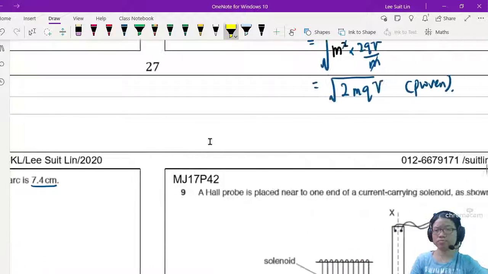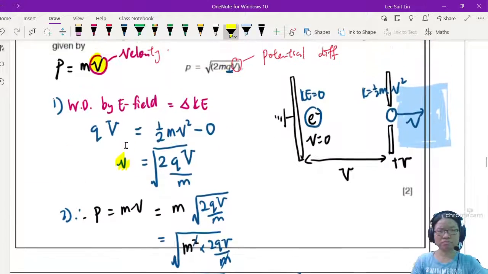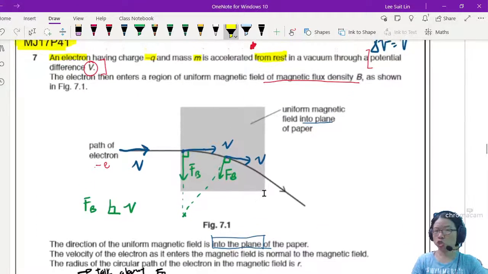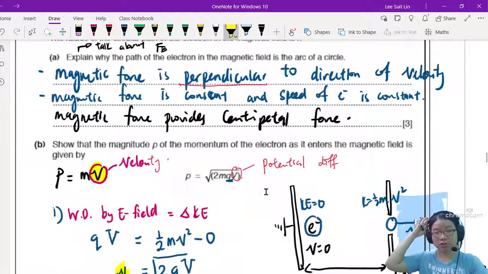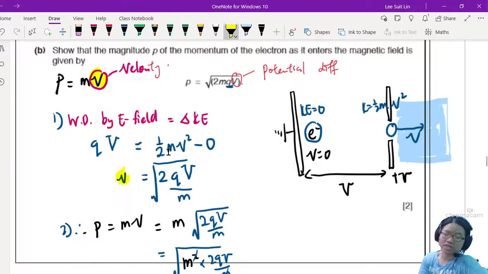Do we? Let's trace. Do they give the value of V? Nope. You are not given the value of velocity. This is why they want you to use B, to help you recall that momentum is equal to this expression.